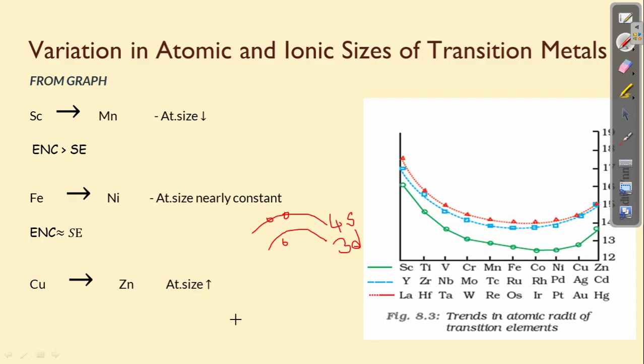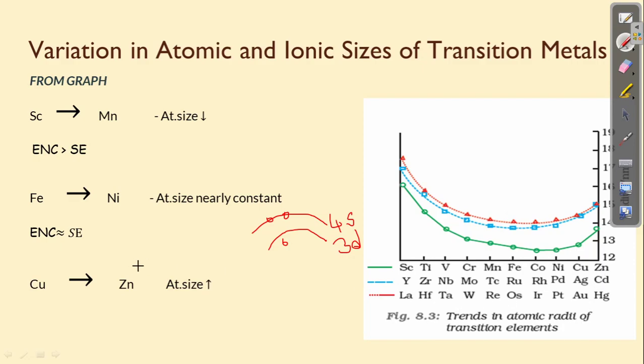Now what happens to copper and zinc? Here you can see there is an increase in the atomic size, which is an exception, because as expected there should be a decrease in the atomic radii along the period. But here it is getting increased. This is because of the completely filled zinc.